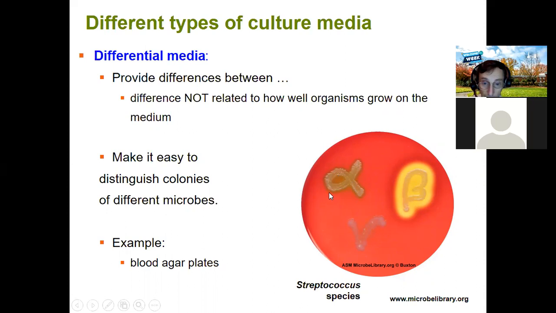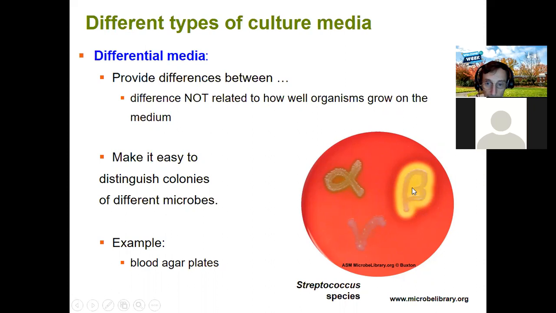But you see the red here, and then there's a dark ring before the bacteria, and that's alpha hemolysis. With beta hemolysis, we have the bacteria in the beta here in white, and the beta hemolysis shows clear, and that's where all of the red blood cells have been lysed. And so here we have the red blood cells, and then all the red blood cells are lysed around the bacteria shown in white.